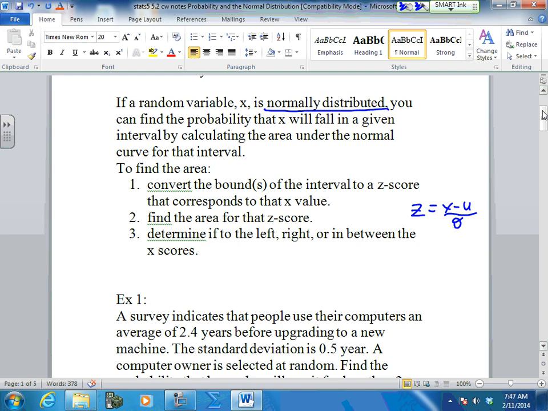We're going to determine, do we need to be to the right of it, to the left of it. Your mean is what's in the middle. Your standard deviation is measured away from the mean. So we're just going to take what we've been doing, looking up your z-scores, and apply them to some scenarios.